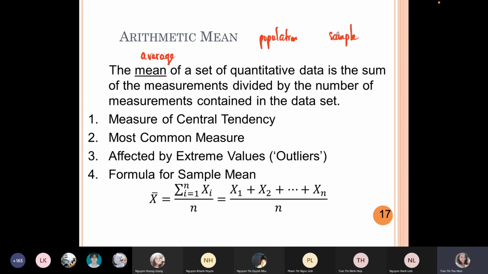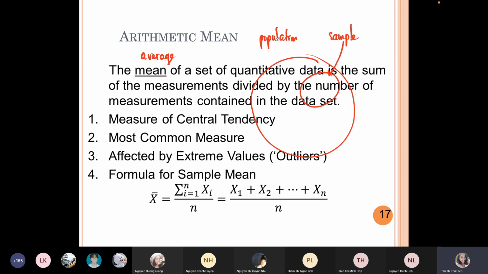The population is the whole group, and the sample is a small part contained in the population. Maybe this is the population here, and the sample is just a smaller group like that.